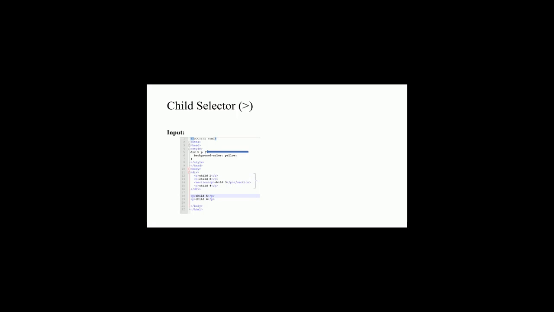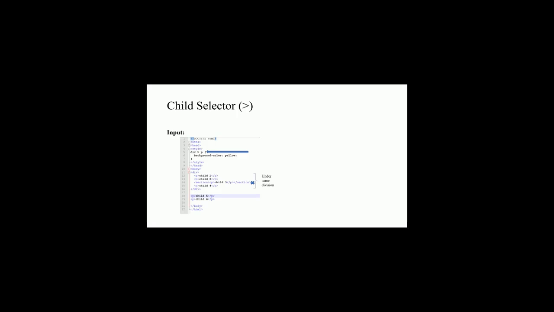Under the div, I have child 1, child 2, child 3 and child 4, and they are under the same div. But in the case of the child selector, child 3 will not be selected, because the child 3 word is a descendant of a div, so it falls under the descendant selector, and it will not be colored yellow.